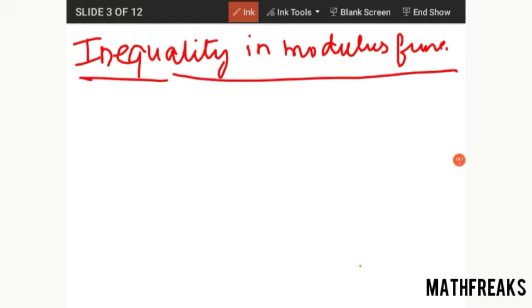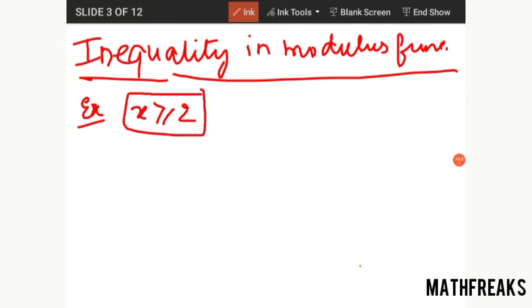Now I will show you with an example. Say if I give an example of x is greater than or equal to 2. This is an example. Now you are asked to find the range of x. Now what is the range of x? What do you mean by range of x?